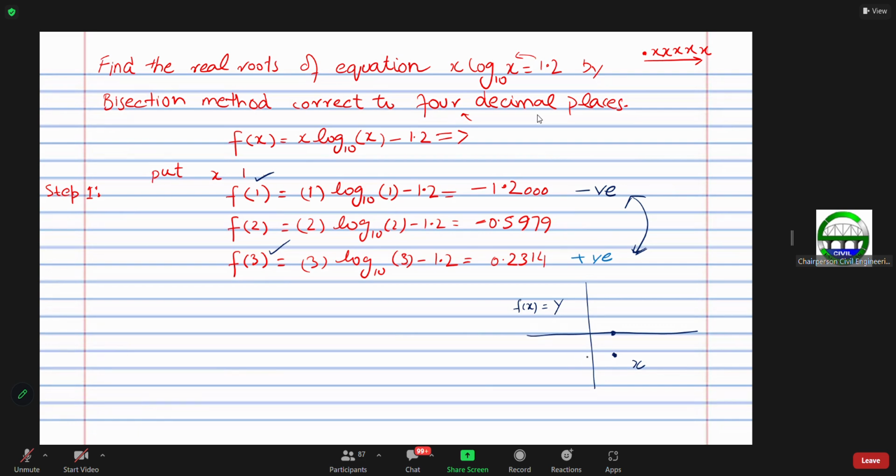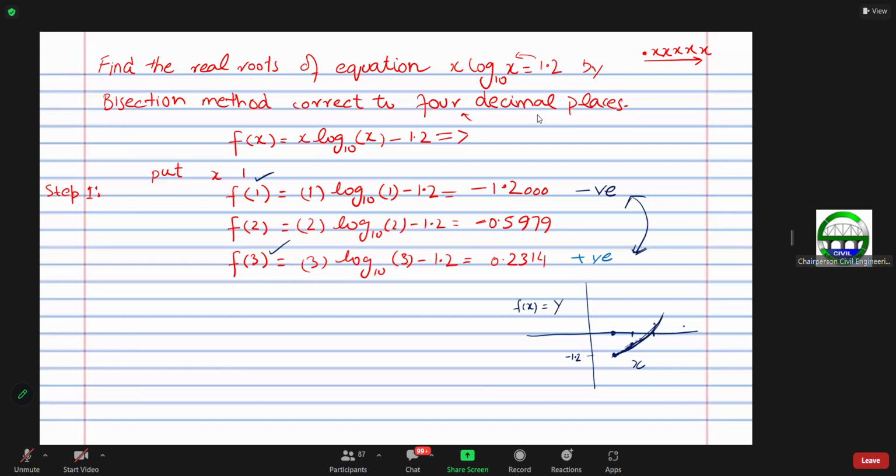And if x = 2, its value is minus 0.5, so maybe somewhere in here. And when x = 3, its value is 0.2. So you can say that its value is changing from here to here. It's going this way.